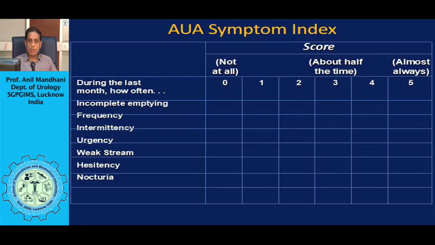This was the common term. Any man in an elderly age group coming to our practice with lower urinary tract symptoms, we used to diagnose as having prostatism. Now, this term is no longer used in urological literature. So prostatism has been replaced with the term lower urinary tract symptoms, LUTS.